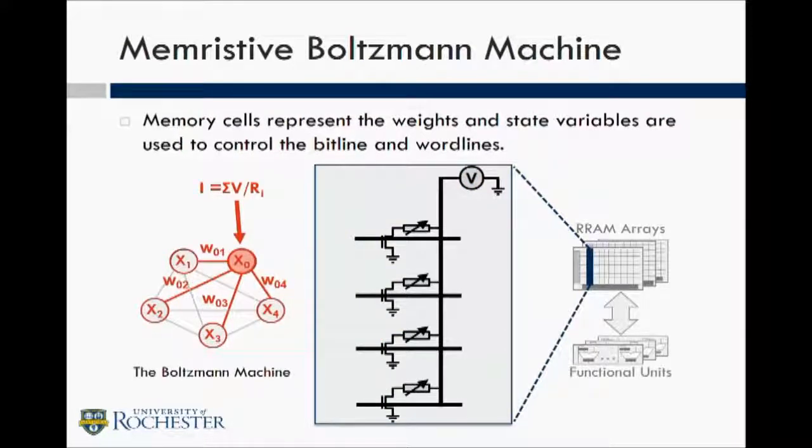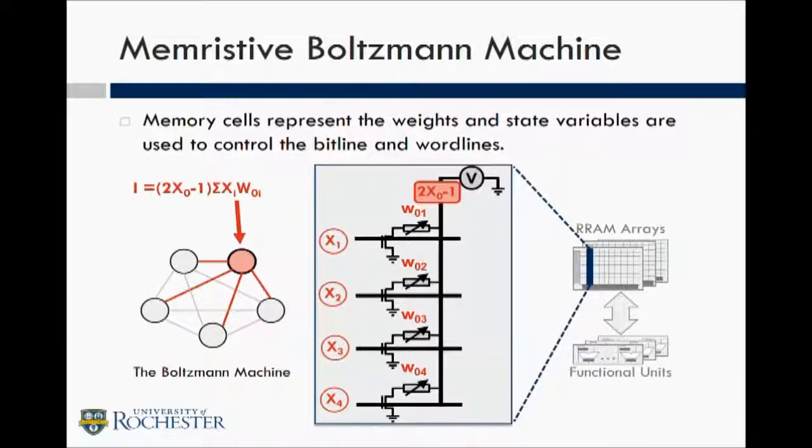This gives us an ability to actually map the computation that the Boltzmann machine is trying to perform in the analog domain to a resistive bit line. If we program the resistors, or the memristors in this case, in inverse proportion to the weights, and then control the bit line and word line voltages by using the state variables, then the current that we draw is going to be proportional to the energy change that we are essentially proposing.